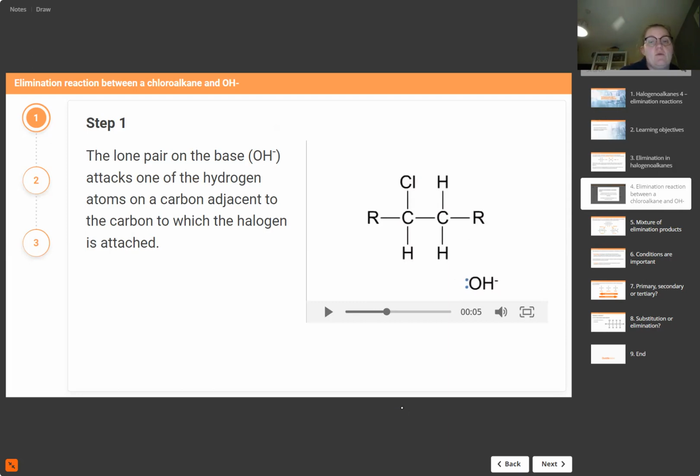Okay, so this is our carbon that has the halogen, so it's going to attack one of the hydrogens that are attached to the carbon that's adjacent to the carbon that's got the chlorine. So it's going to be that hydrogen or that hydrogen. I'm going to go to the bottom one. So it's going to attack that hydrogen.